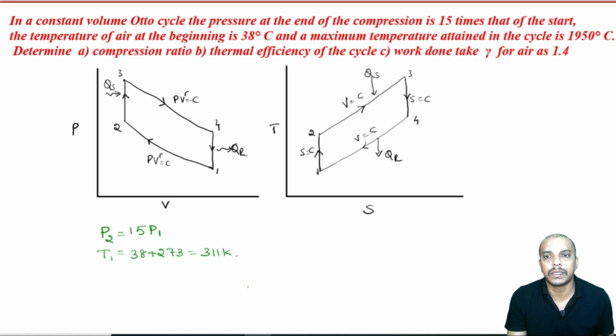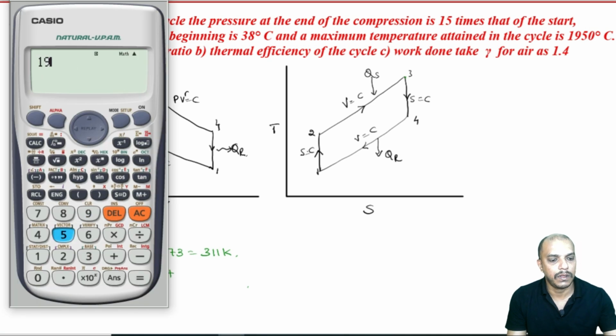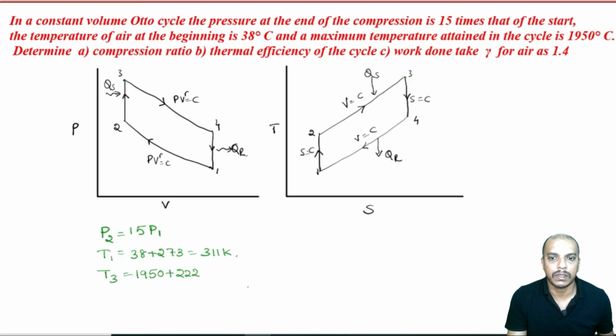So, maximum temperature comes at 3. You can see that in TS diagram as well. So, T3 is given 1950, let us convert this into Kelvin, 1950 plus 273, so 2223 Kelvin. All right.